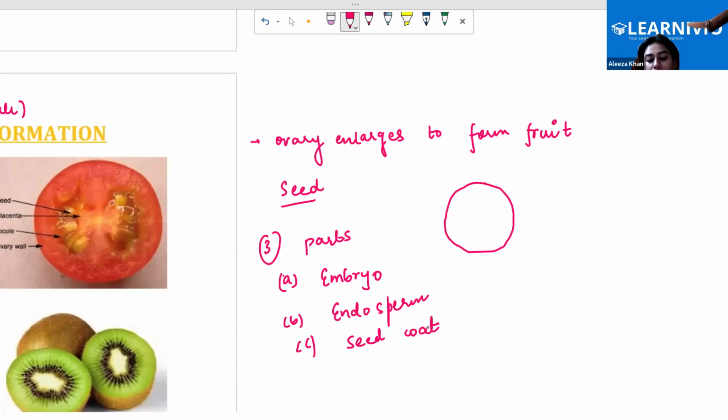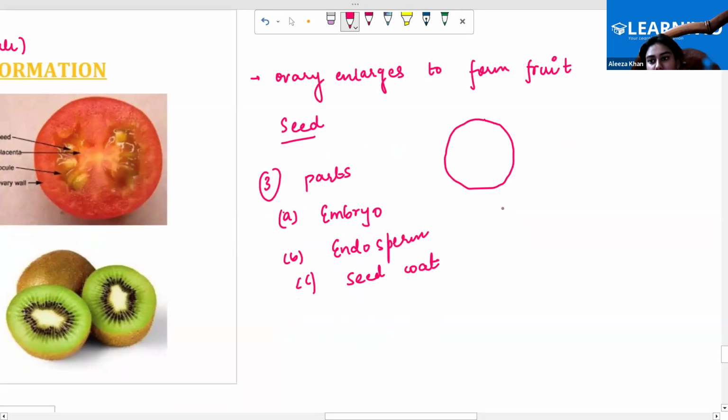Seed coat is something which is surrounding the seed, a protective layer. Ma'am, endosperm is the middle part. Endo meaning which is inside. Fine. Please write all these points.